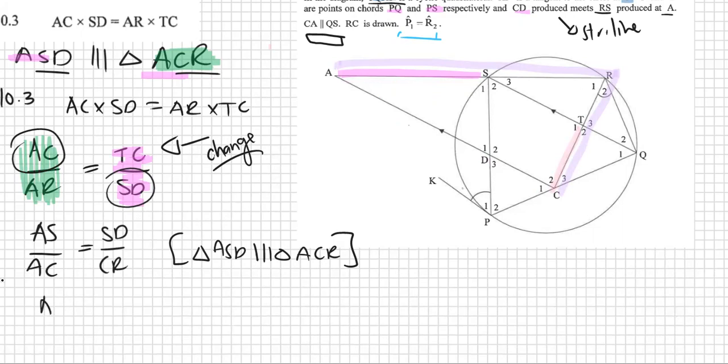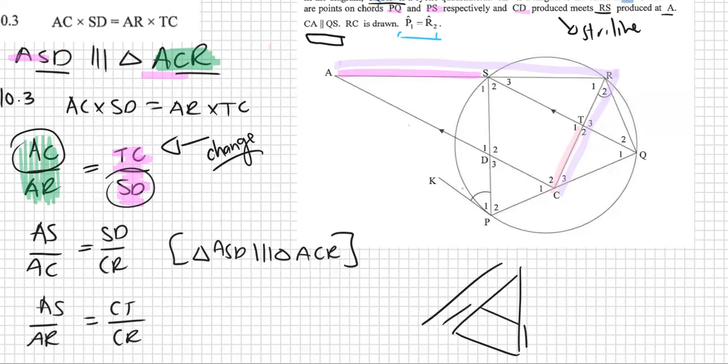So I said we have AS over AR, because of prop theorem, equal to CT over CR. That's if this over this is equal to this over this, prop theorem, as long as these lines are parallel. Your reason here is prop theorem: TS is parallel to CA.